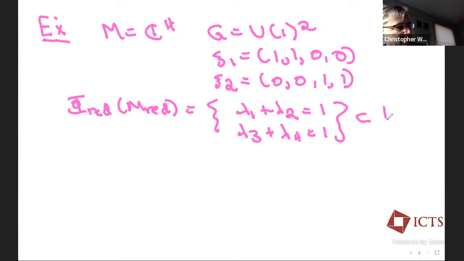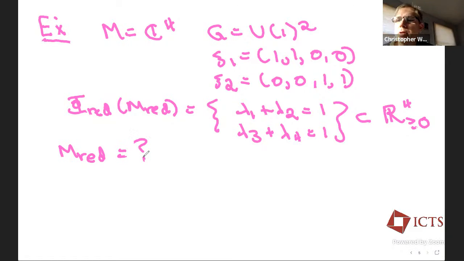So this is sitting inside R4, the non-negative orthant. So what's M_red in this case? Am I allowed to ask the audience, even though it's on Zoom?